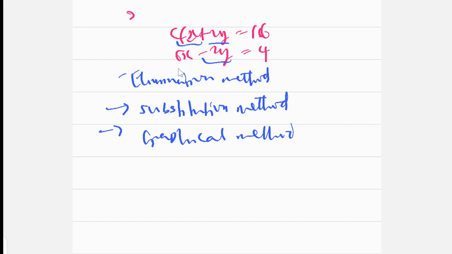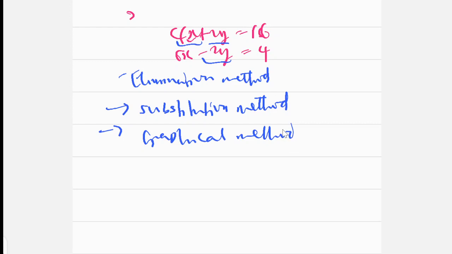So now, before you can eliminate a variable, you have to ensure their coefficient is equal. Suppose I want to eliminate x now, then I must have the same coefficient here. If I want to eliminate y, then I must have the same coefficient.